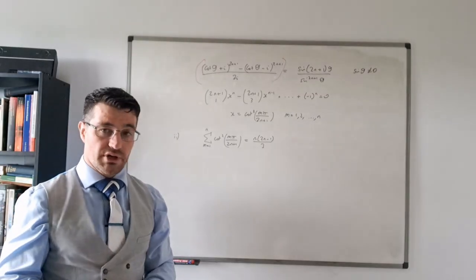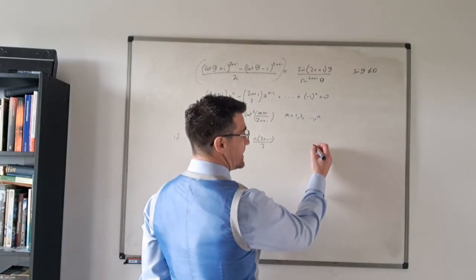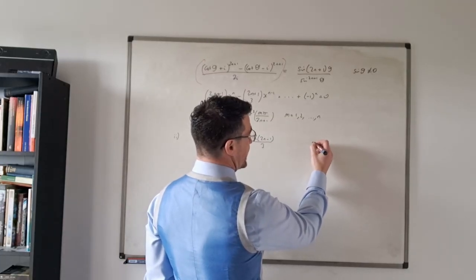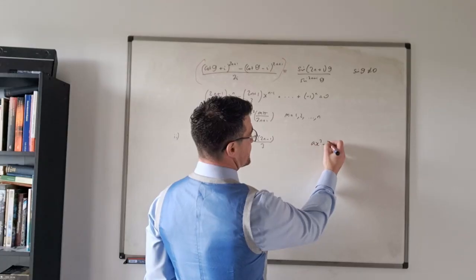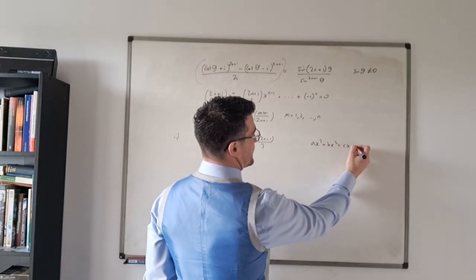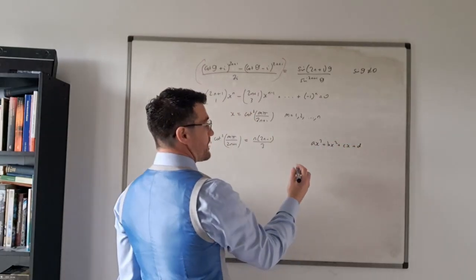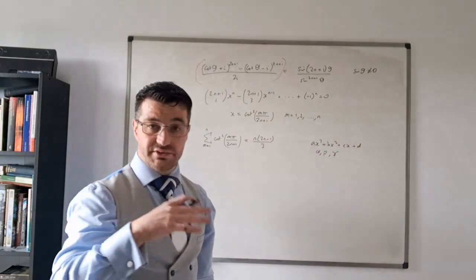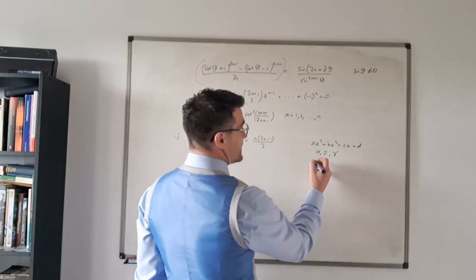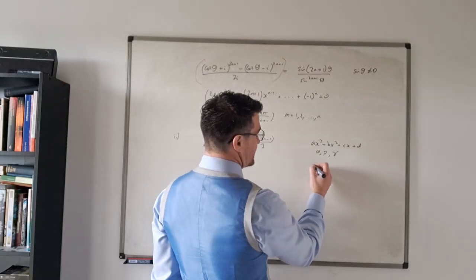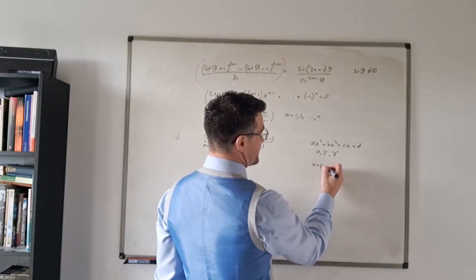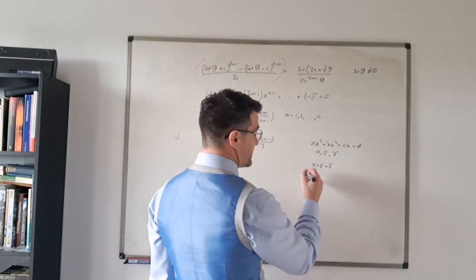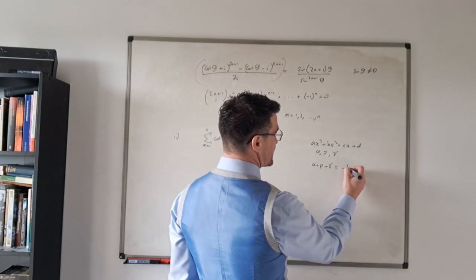Now, if you remember, if you've got, for example, a cubic, ax cubed plus bx squared plus cx plus d with roots alpha, beta, and gamma. Hopefully you've seen this kind of stuff before. The sum of the roots, alpha plus beta plus gamma, we don't need to know the values of these, by the way. Alpha plus beta plus gamma is equal to minus b over a.